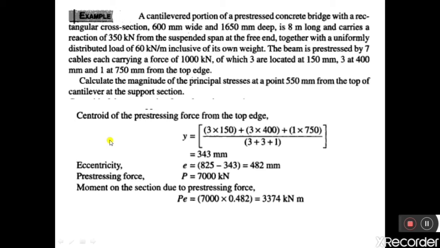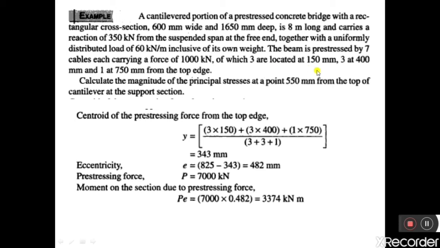and this beam is pre-stressed with 7 cables. Out of these 7 cables, 3 cables are located at a distance of 150 mm from the top. Next, 3 cables are located at a distance of 400 mm from the top, and 1 cable is located at a distance of 750 mm from the top edge. And each cable is pre-stressed by a force of 1000 kilonewton.